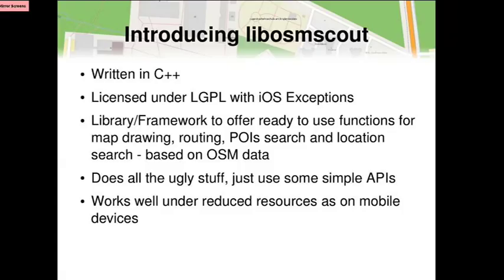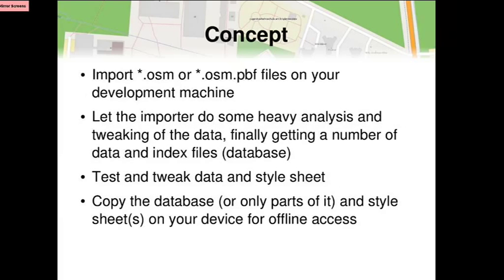It handles all the ugly stuff you have seen a few slides before, and tries to give you some simple APIs so that you can quickly get a rendered map in your application. And it works well under reduced resources as you have on mobile devices. Of course, it also works on the desktop.